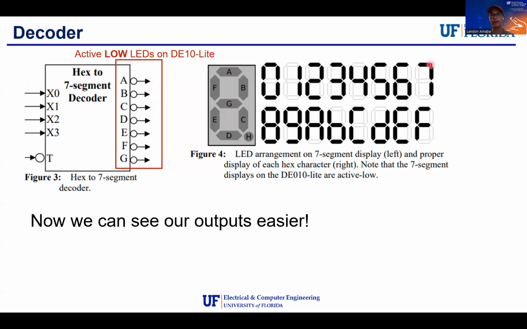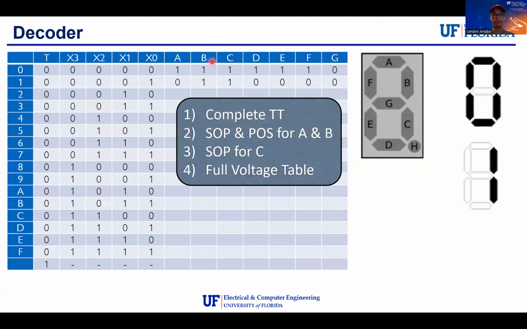So we can look at a nice number like 7 rather than 0, 1, 1, 1, right? That gets a little tricky, especially when you have larger outputs. So we can see our outputs easier. Another thing to note is that all the LEDs on your D10 light are active low. That means if you want to turn it on, you need to send a low voltage to that pin.